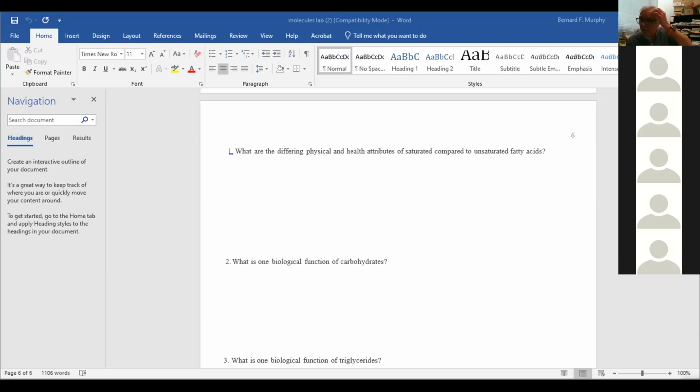Or if you're going to draw a sugar, you can just draw the angles for the carbons, and you do the shortened form if you want. Okay, thank you. Okay. All right, let's answer his questions, and then we're out of here.